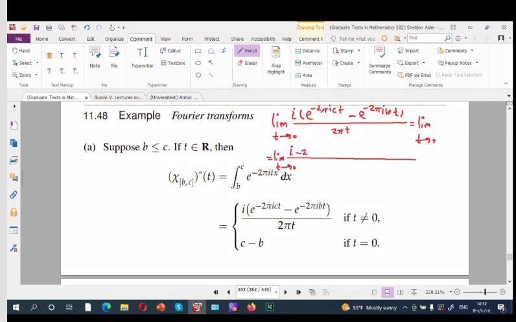Minus 2πic e to the power minus 2πict, and minus or plus 2πib e to the power bt, and the derivative of 2πt equals 2π.